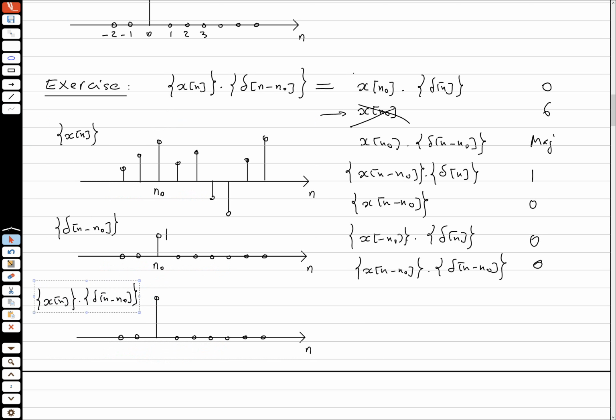It's the same thing. It's going to be 0 everywhere except at n naught. But at n naught it's going to be 1 times this guy. What is this guy? It's going to be x of n naught. So this sequence is also this sequence multiplied by x of n naught.